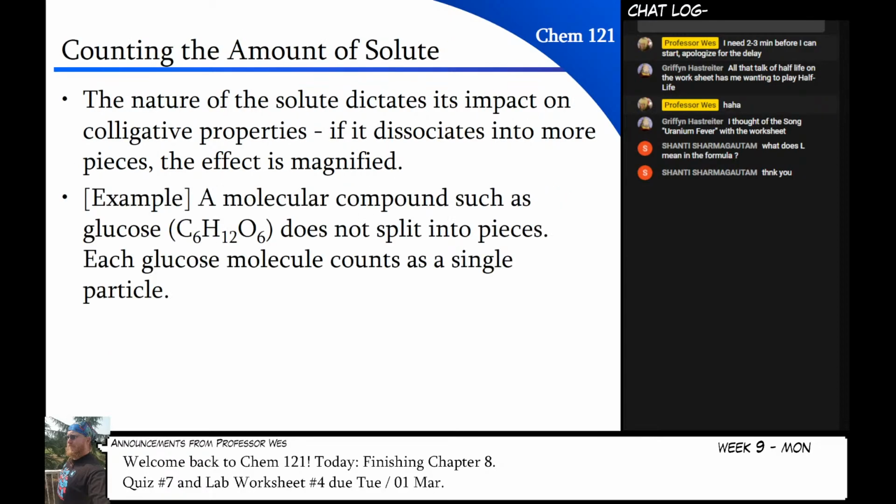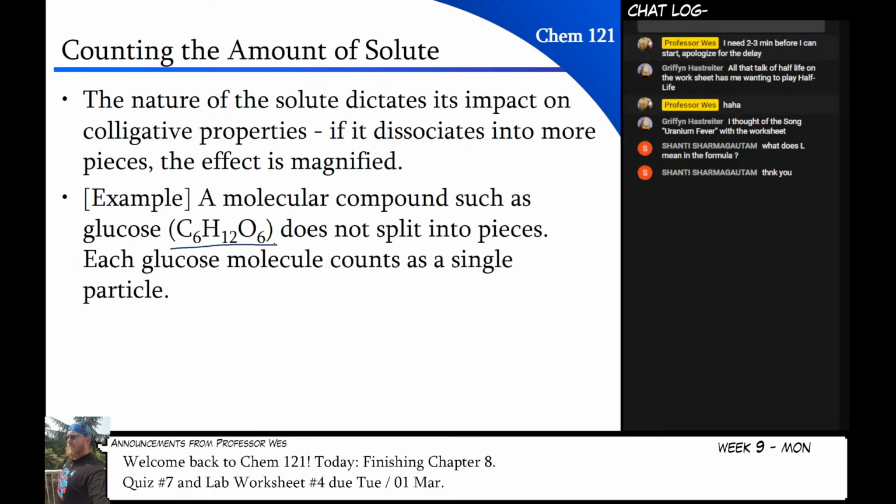Now, the type of solute that you are looking at is going to, in fact, dictate the effect of these colligative properties based on how many particles are present. For example, if I have glucose, glucose is not an ionic compound. Glucose is molecular.